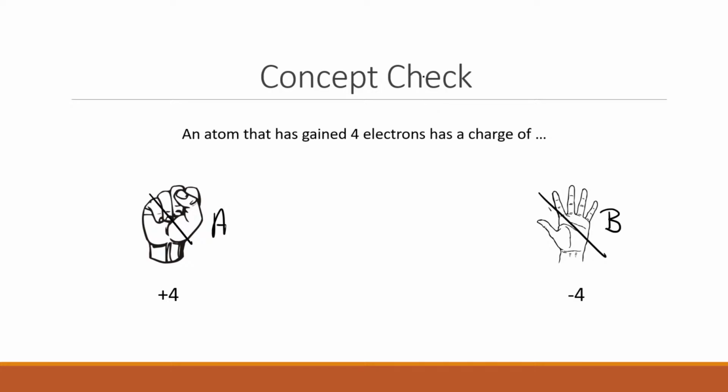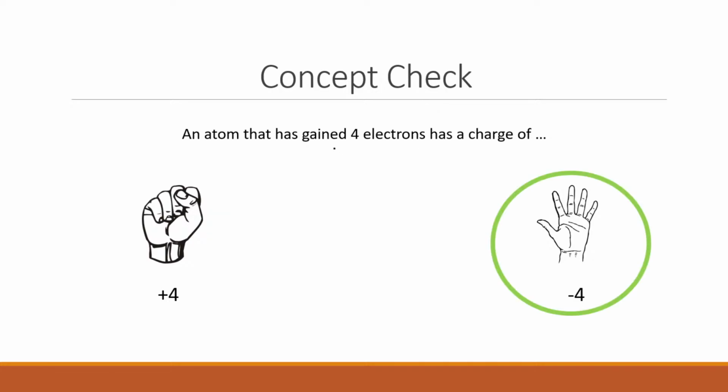Here, the correct answer is choice B. Gaining electrons, gaining negatives, is going to make that atom into a negative ion.